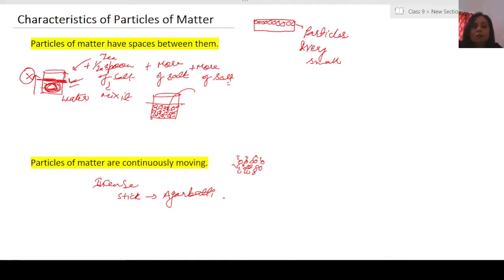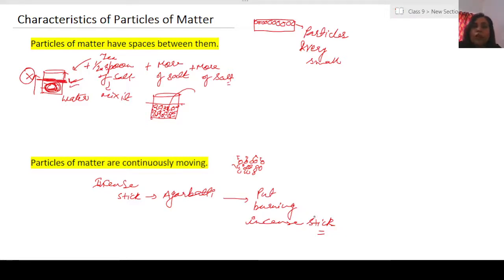Now if you put a burning incense stick in one corner of the room, after some time you can smell the fragrance even outside your house, right? Not even just in the other room, even outside of your house you can smell the incense stick, right?